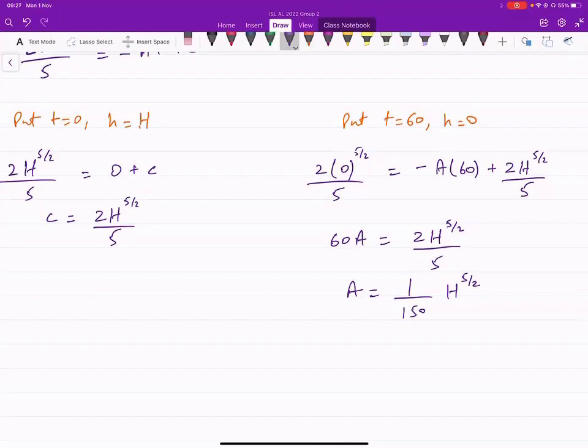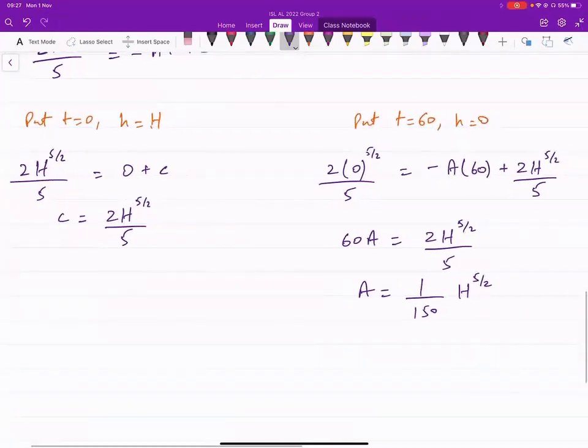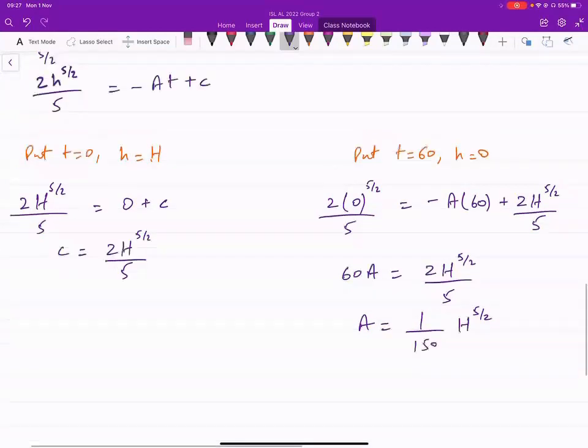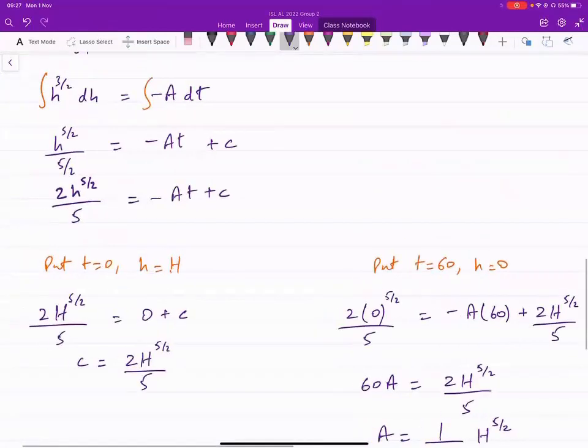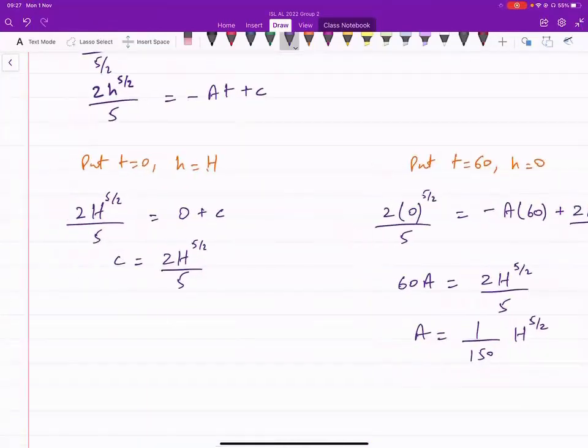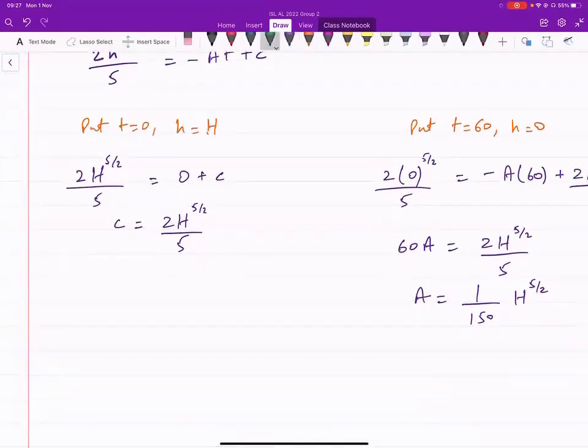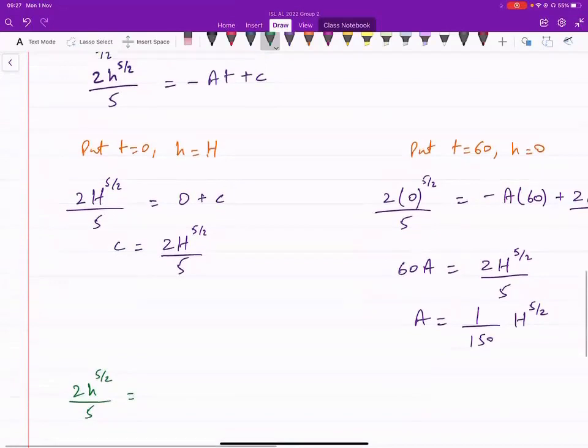ठीक है? So values input किया, simple algebra use किया, उसके बाद we got this thing. Is that okay? Now we just input these values back there और हमारे पास वो equation आ जाएगी. Two h raised to power 5 over 2 divided by 5 minus a into t.